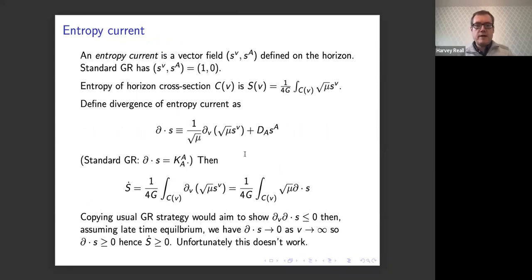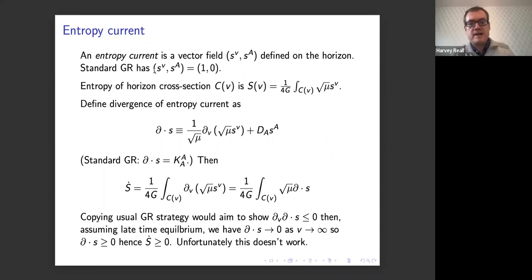We work with an entropy current. An entropy current is a vector field defined tangentially to the event horizon. So it has components SV, SA in our Gaussian null coordinates. SV is just the entropy density on the horizon.